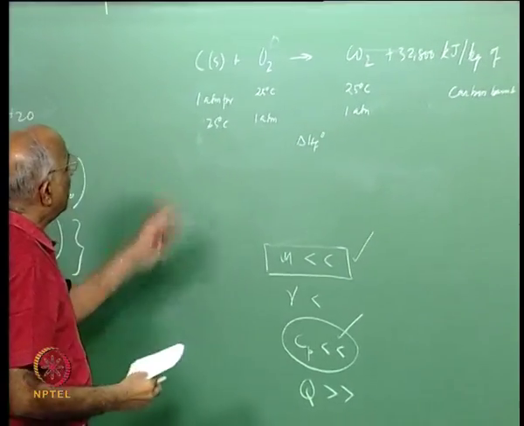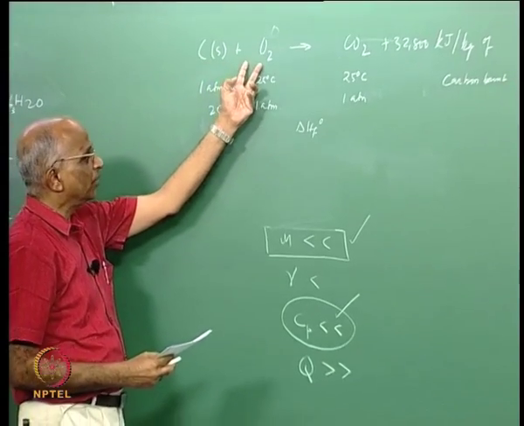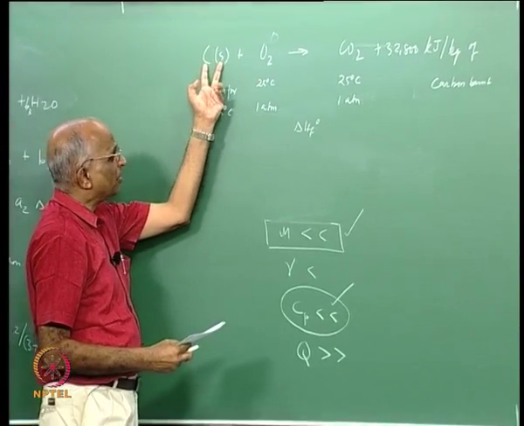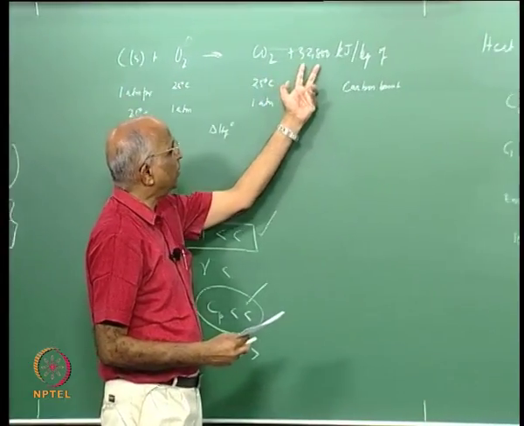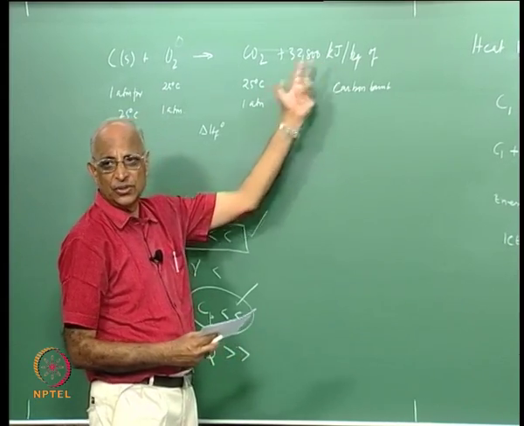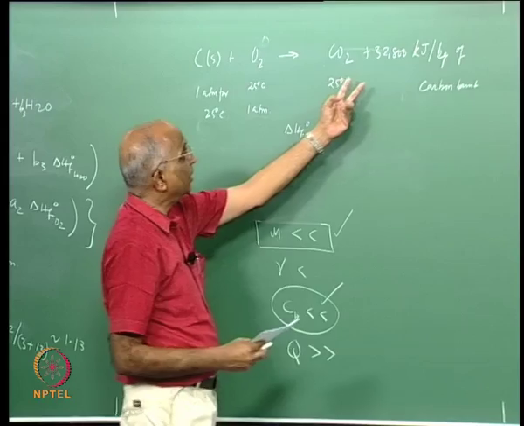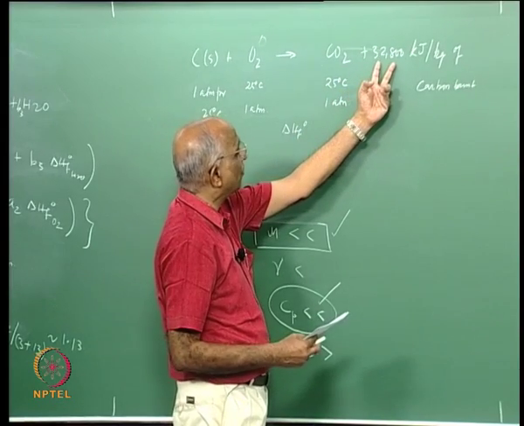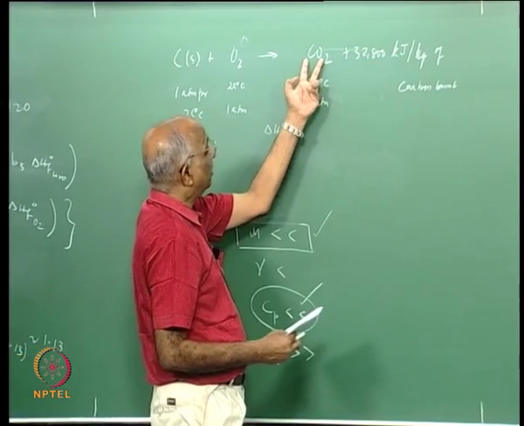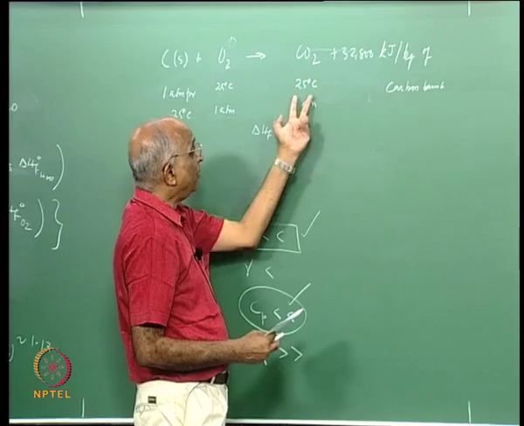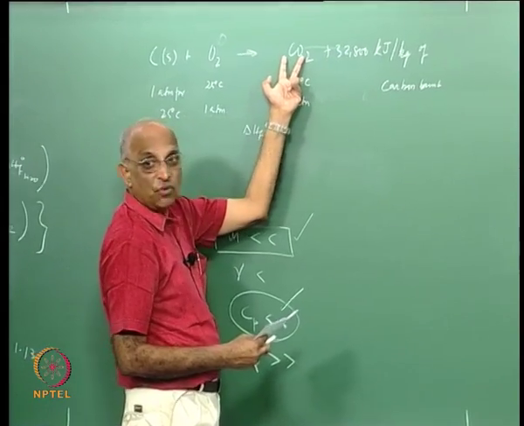That means per kilogram of carbon which I burn with oxygen, I get something like 32,800 kilojoules of energy. Now what is going to happen? This 32,800 kilojoules of energy is not going to form carbon dioxide at 25 degrees, rather the temperature will go up.